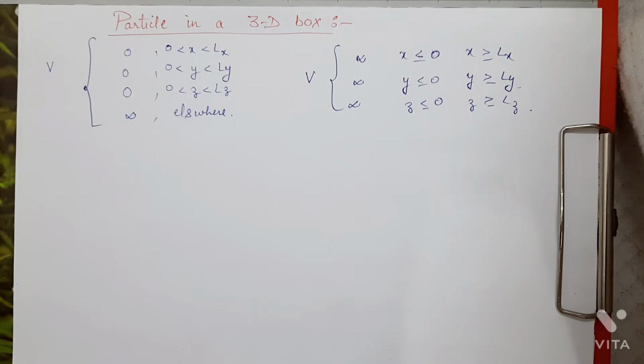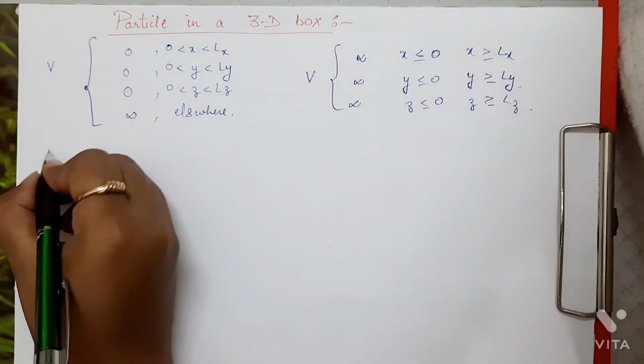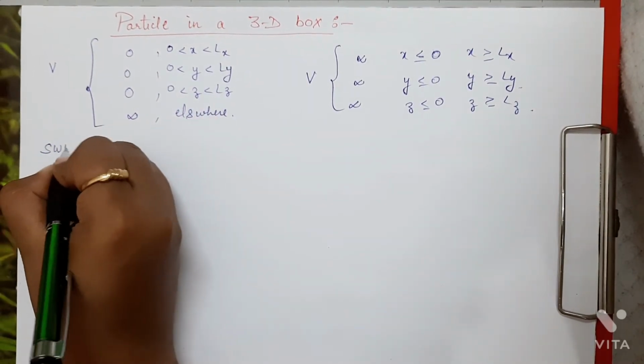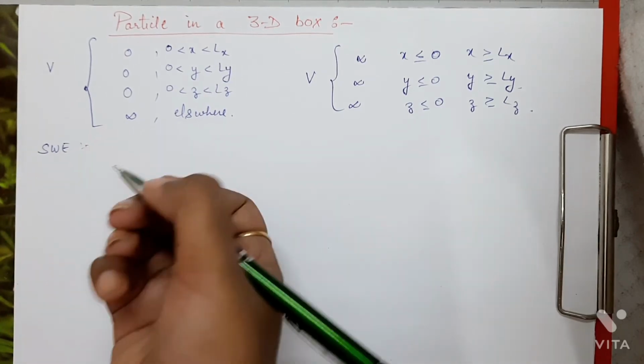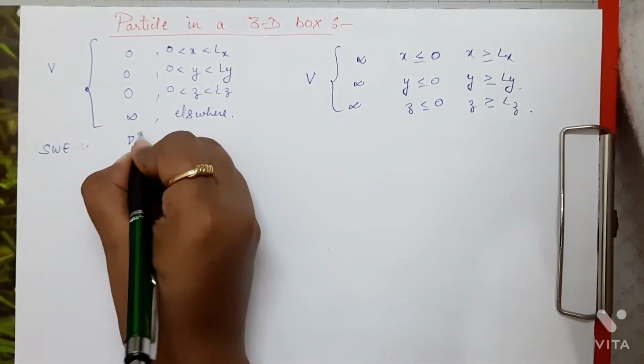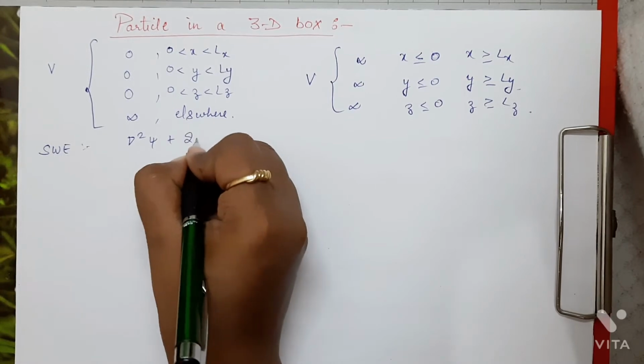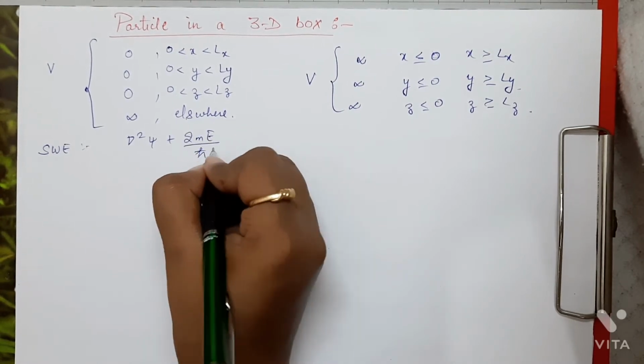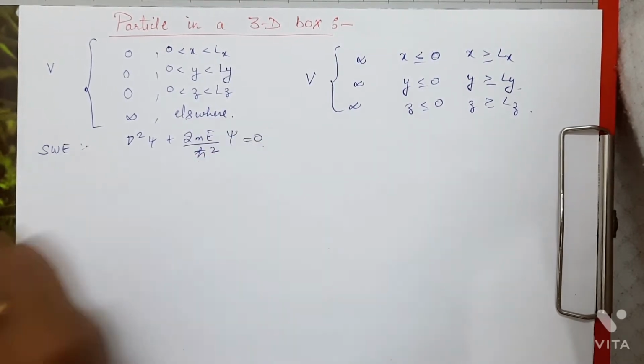So this way also you can write. Now if we talk about the Schrodinger wave equation for a particle in a 3D box, we know the equation: del square psi plus 2me by h cross square into psi equals 0.